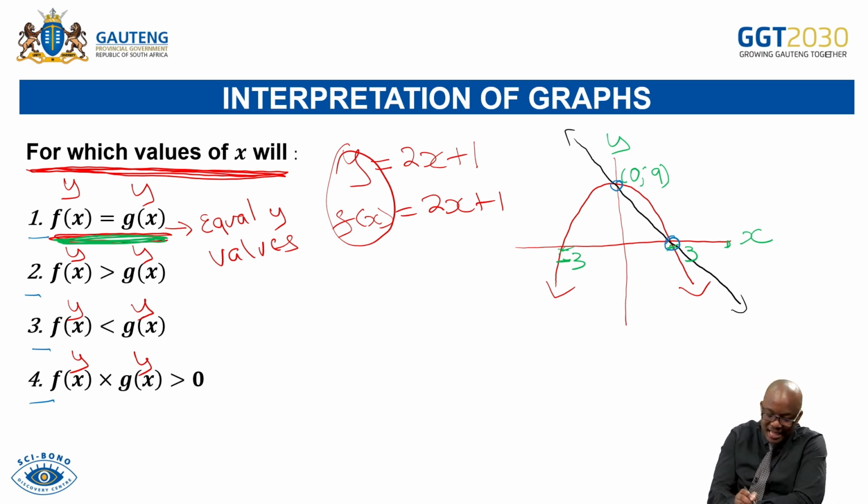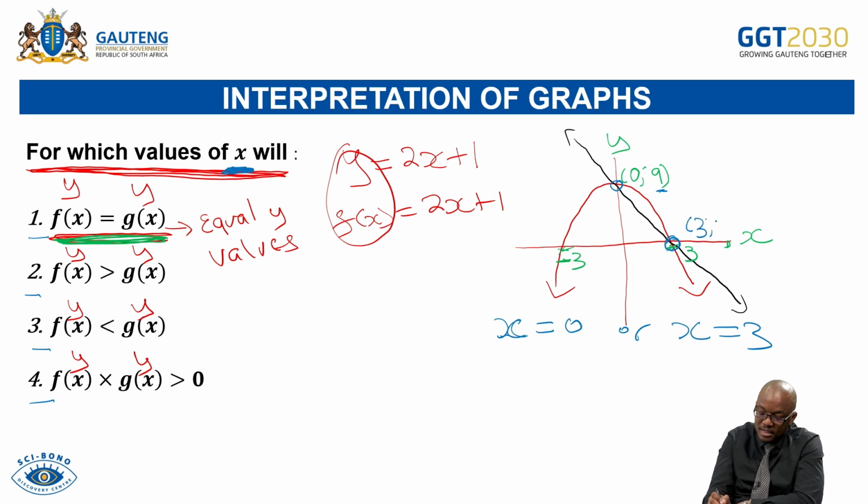But what are the x values in those points? Where y is equal to 9, your x is equal to 0. Or where y values are 0, your x is equal to 3, because the point there is (3, 0).